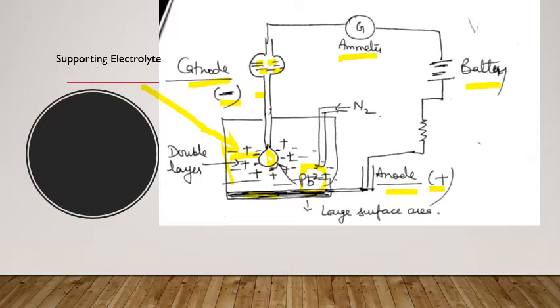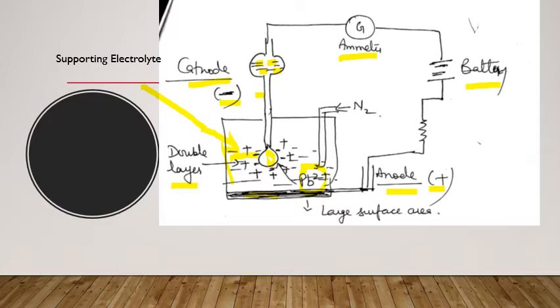So a supporting electrolyte like potassium chloride or sodium chloride we can use in the polarography, which causes the formation of the double layer around the mercury drop.